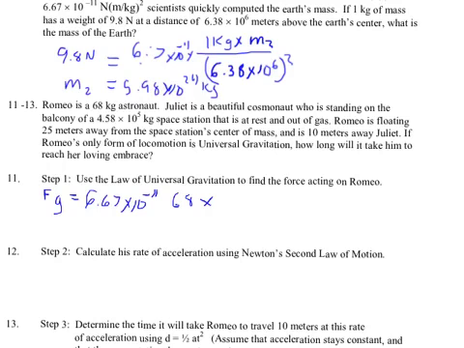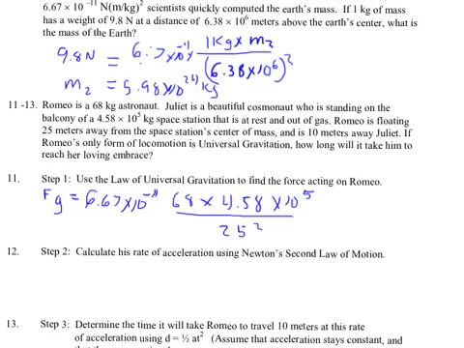And then we're going to multiply that by M2, that's the mass of the spaceship pulling on Romeo, well, they're pulling on each other, and it's 4.58 times 10 to the 5th, and those two masses are pulling on each other, and we need to know how far apart the masses are, and let's see, he's 25 meters away from the center mass of the spaceship. So I'm going to say 25 meters squared.